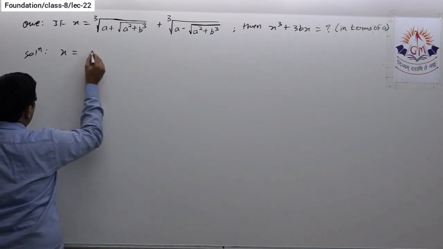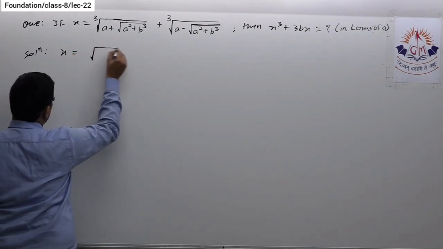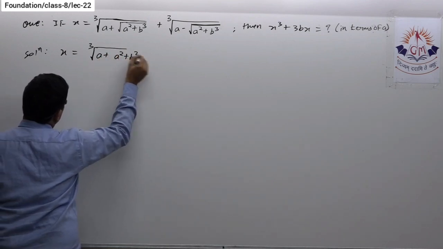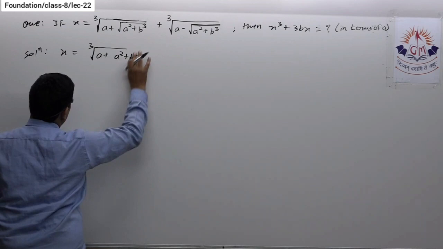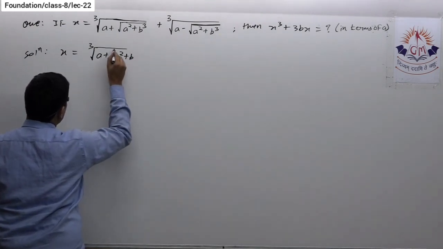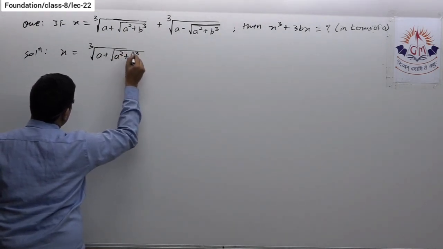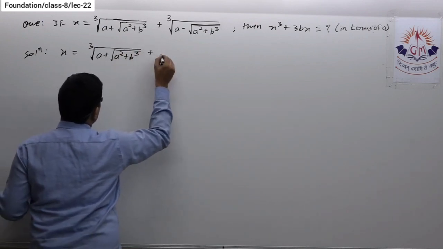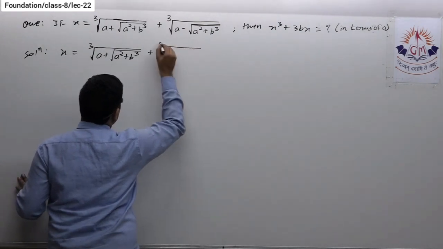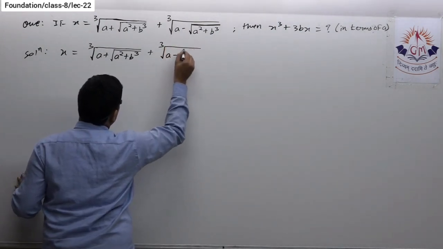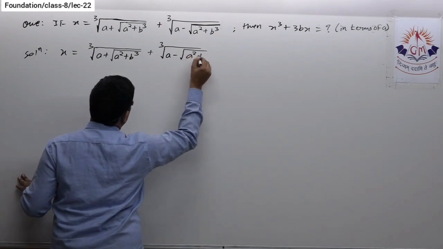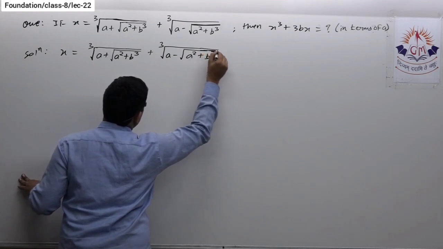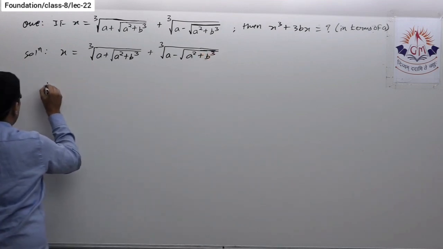So we have x is equal to cube root of a plus square root of a square plus b cube plus cube root of a minus root of a square plus b cube. Okay, now cubing both sides.